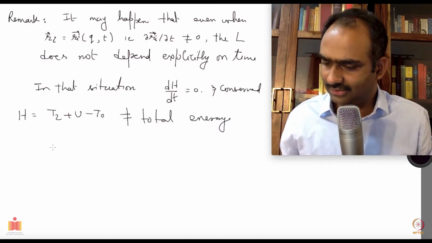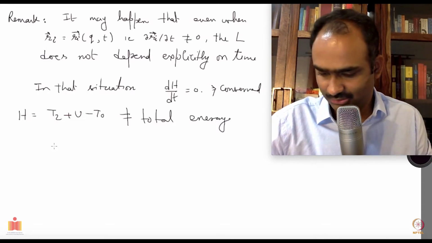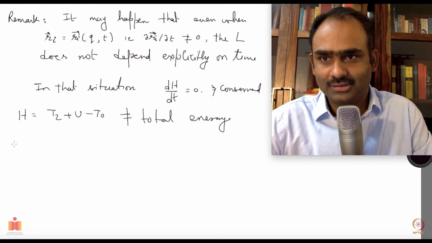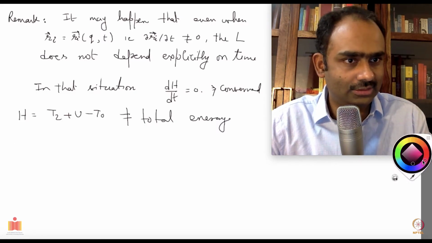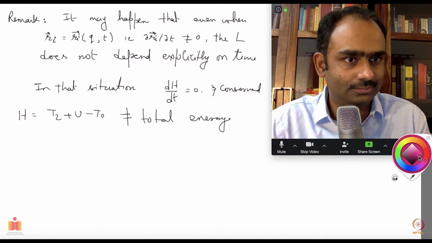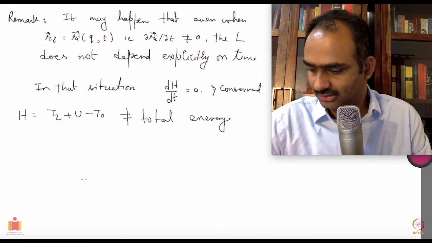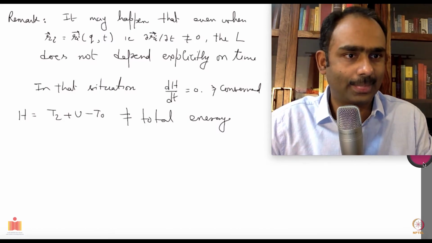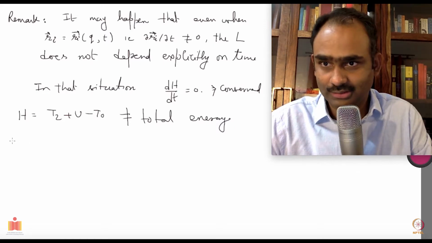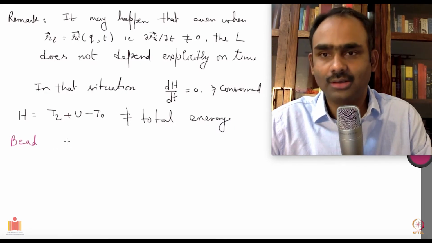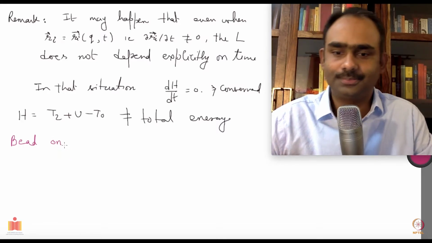I will take two very simple examples to underscore these points. So example number 1, let me use some nice color if I can. Okay, anyway, this is some funny color, but I'll take it. Bead on a uniformly rotating horizontal wire.